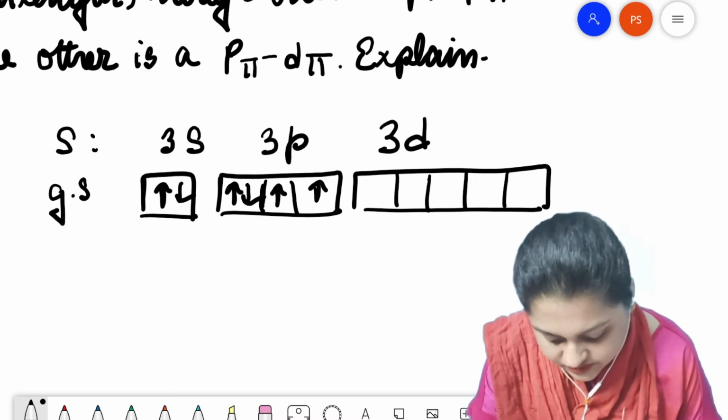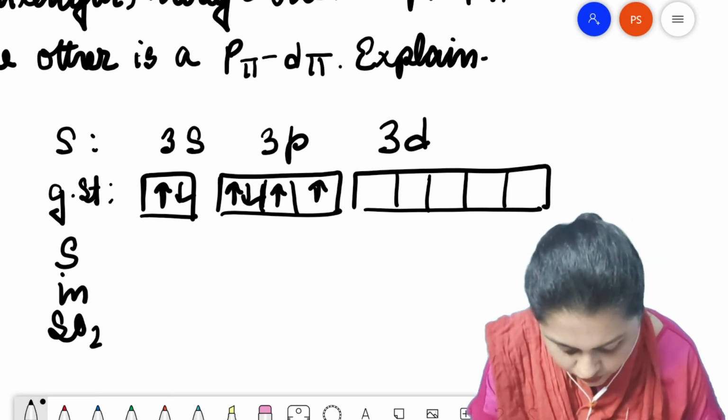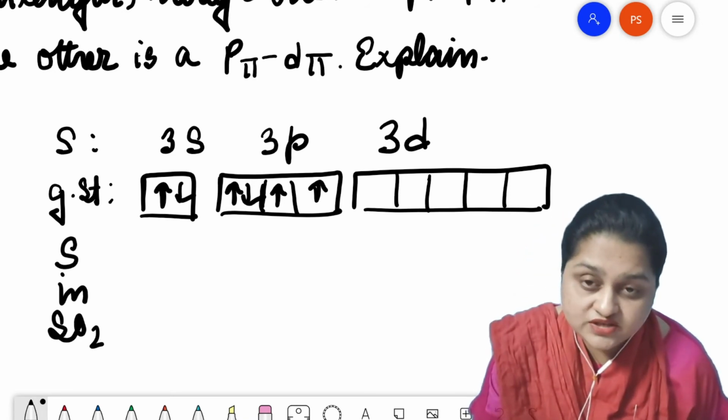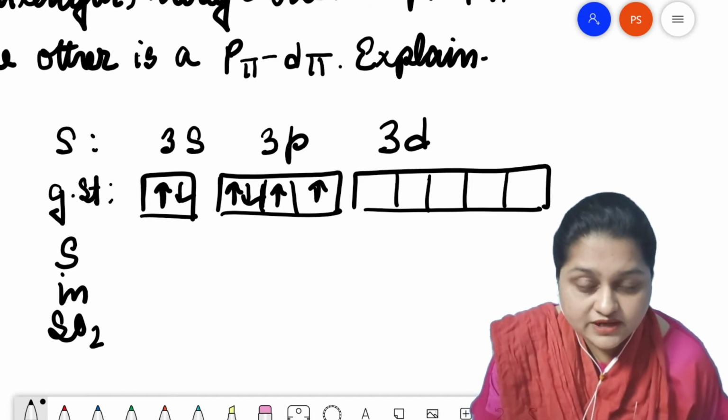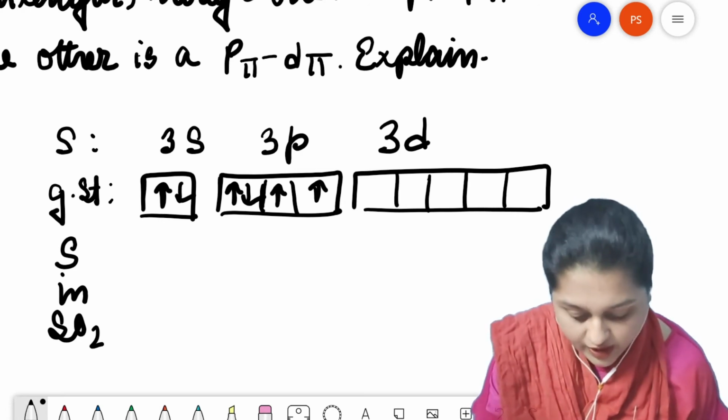This is the ground state electronic configuration, and in the SO2 molecule, there are 2 oxygens, so 2 sigma bonds need to form. That's why 2 unpaired electrons are required.